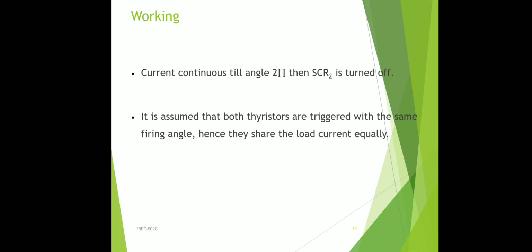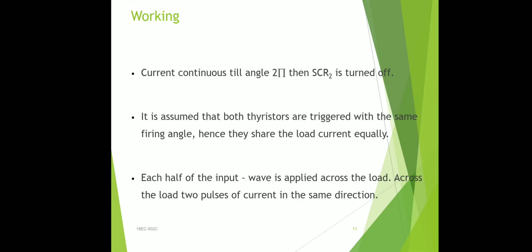That means the properties and specifications of each SCR are the same. With the same firing angle, they share the load current equally. The load current is equal for the two thyristors, because here we are assuming that the firing angle for every thyristor is the same.